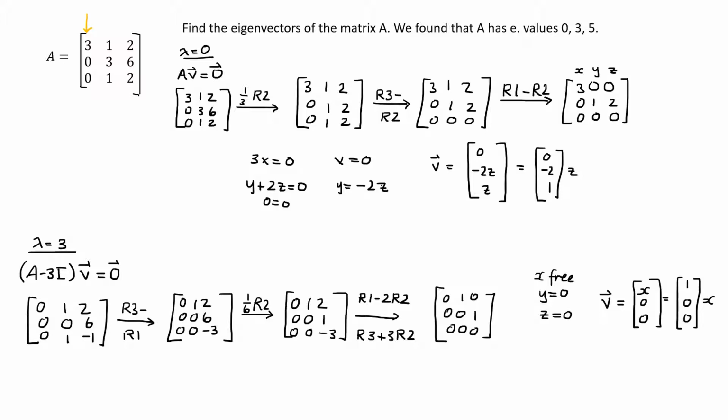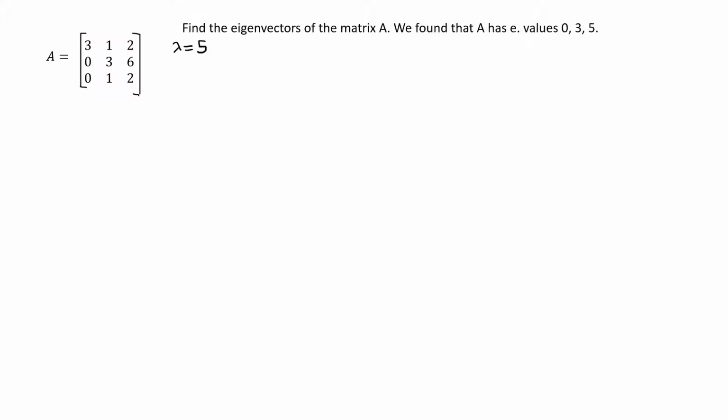We've got one left to do, lambda equals 5. Okay, when lambda equals 5, we're going to be solving A minus lambda I times v is equal to 0. So we're looking for all vectors v that make this true. Okay, so I'm going to start by calculating A minus 5I.